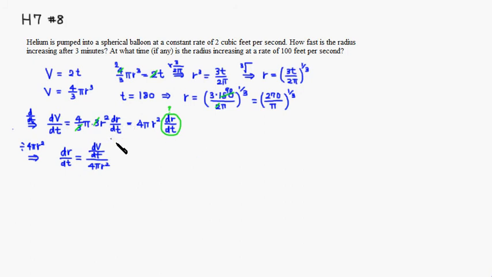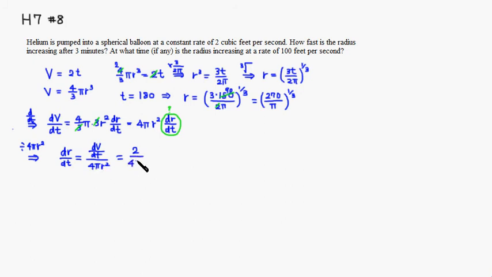Then let's plug in everything we know. dV over dt, since it's increasing at the rate of 2 cubic feet per second, will be 2 on top, and then you have 4 pi.